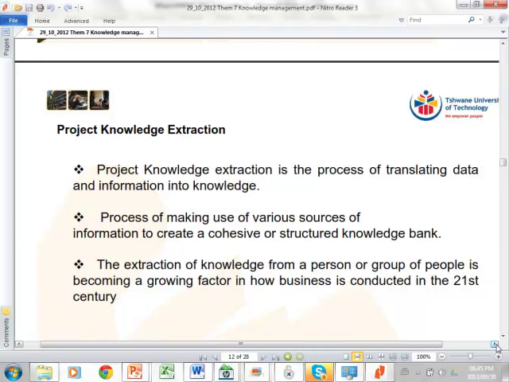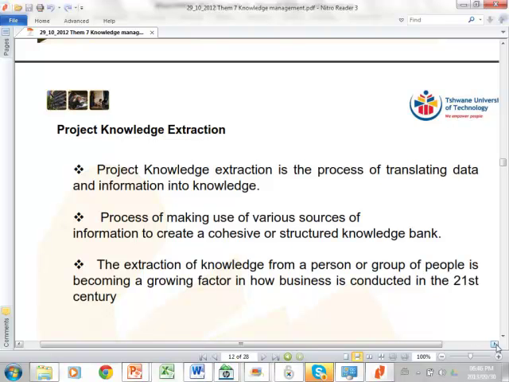Okay, so then we get to the nitty-gritty of how we take this animal called knowledge and how we transport it. How do we move it from one individual to the other? One of the concepts is project knowledge extraction. It's the process of translating data and information into knowledge.